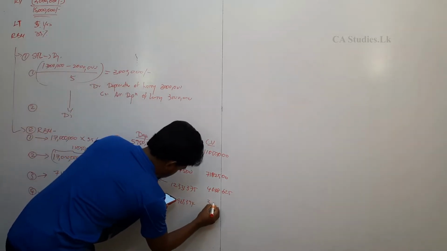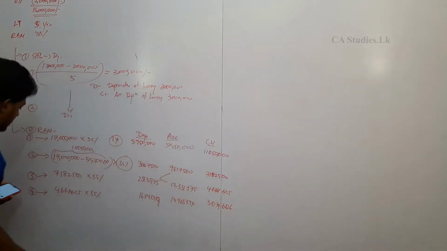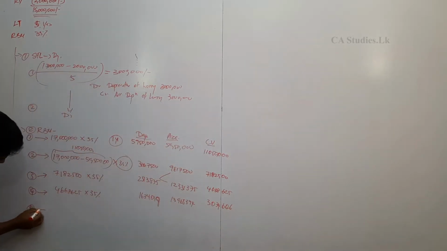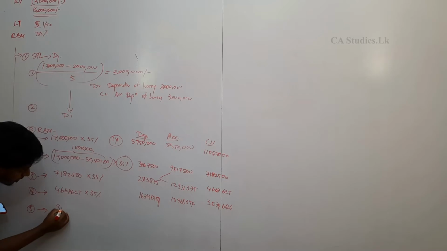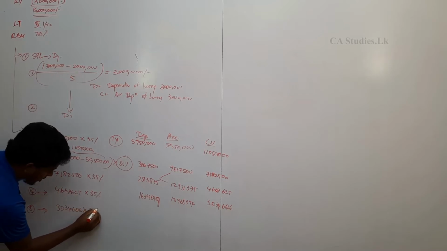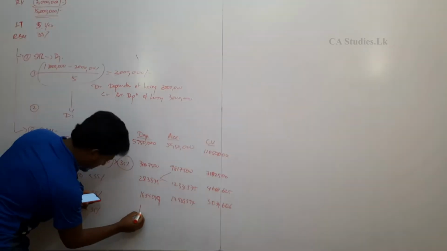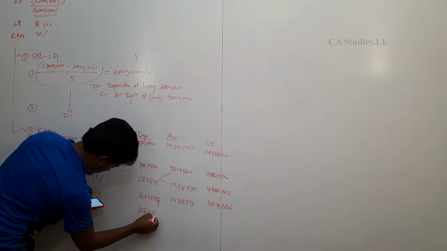Carrying value is 3,034,606. Final year depreciation is 3,034,606 into 35 percent, which is 1,062,130.